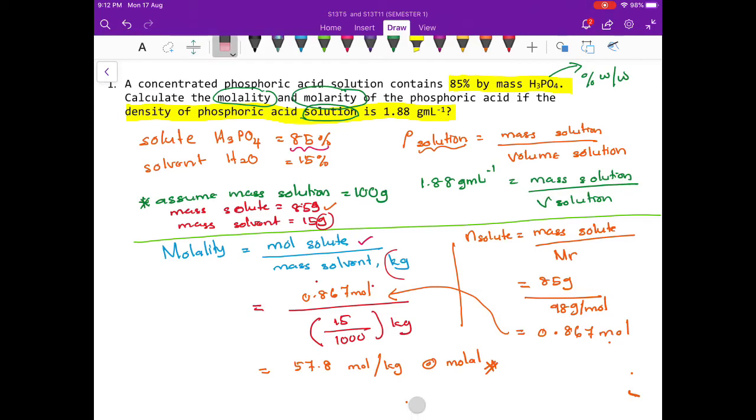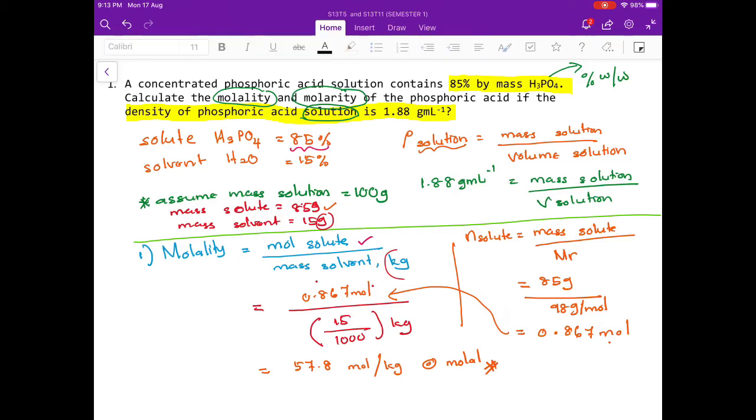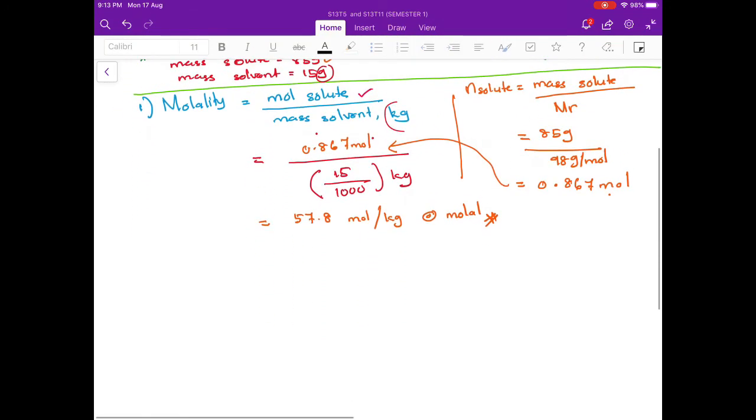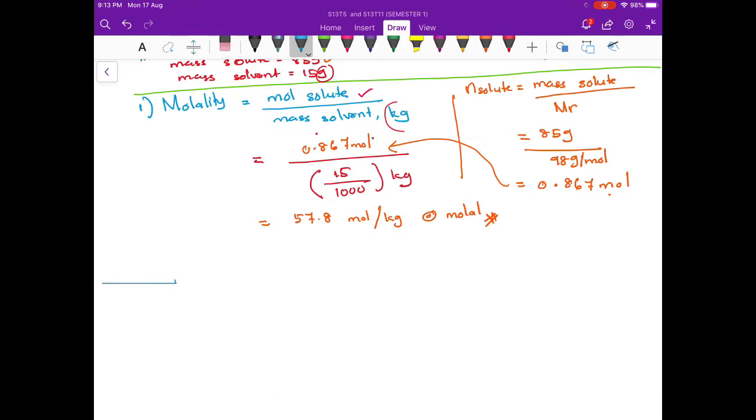Okay, so let's look at how we solve the problem. This is the first question. What about molarity? Okay, so next we want to determine the molarity. First, you need to write the formula.